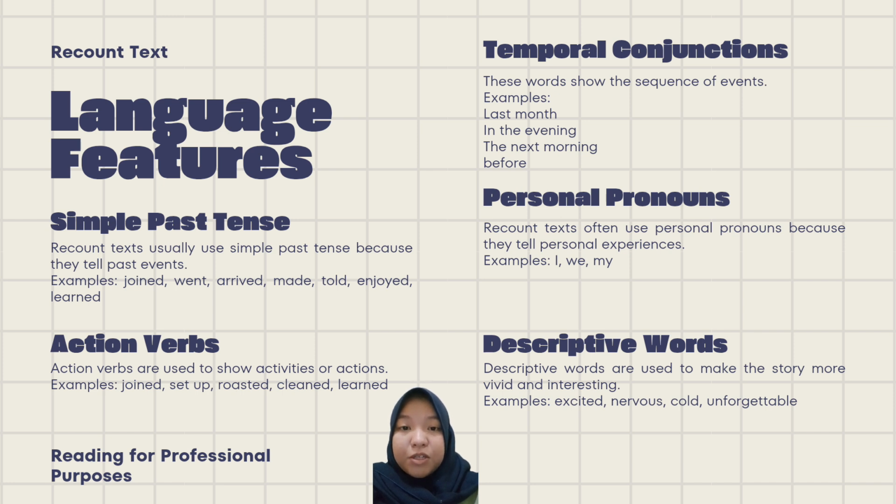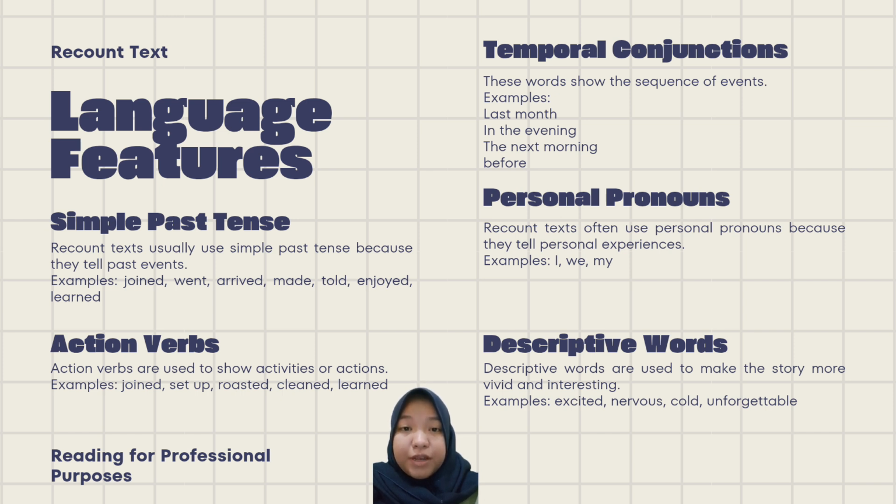The second language feature is action verbs. These verbs show the activities done by the writer or participants. Examples include set up, roast, and clean. The next language feature is temporal conjunction. These words show the sequence or time of the events, making the story easier to follow. Examples are last month, in the evening, and the next morning.